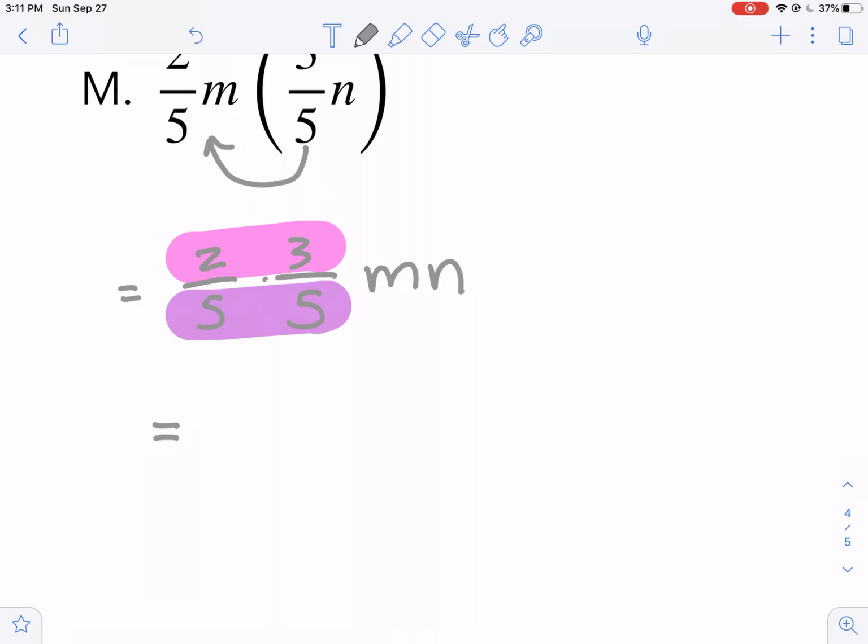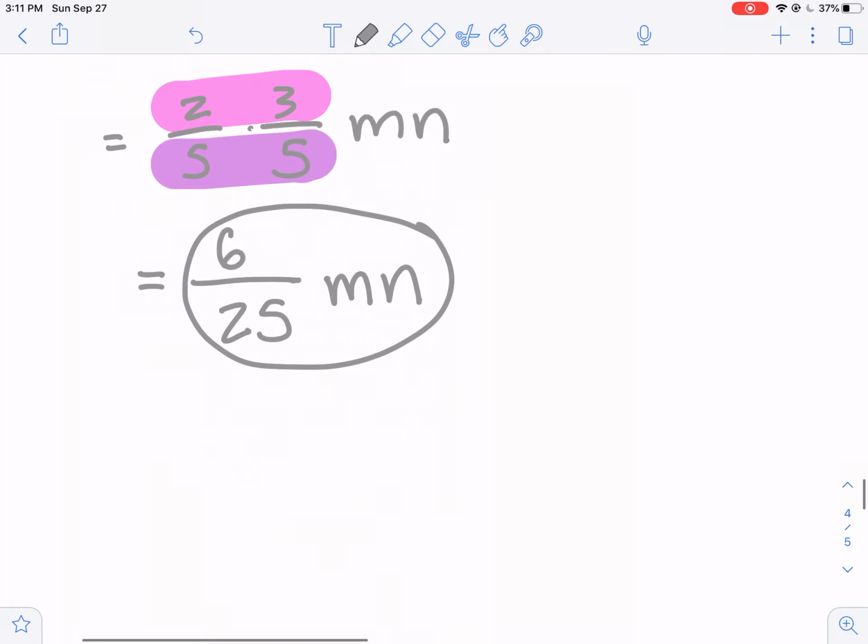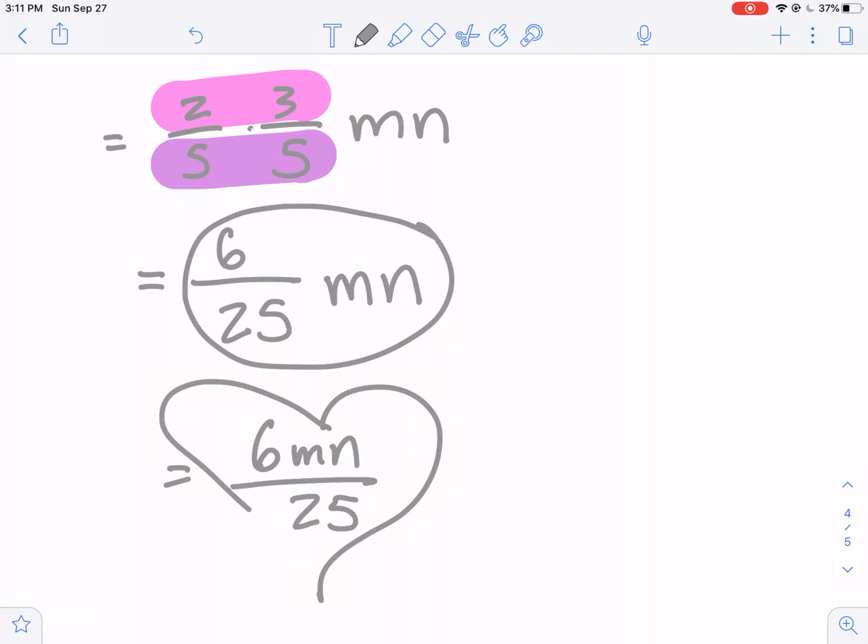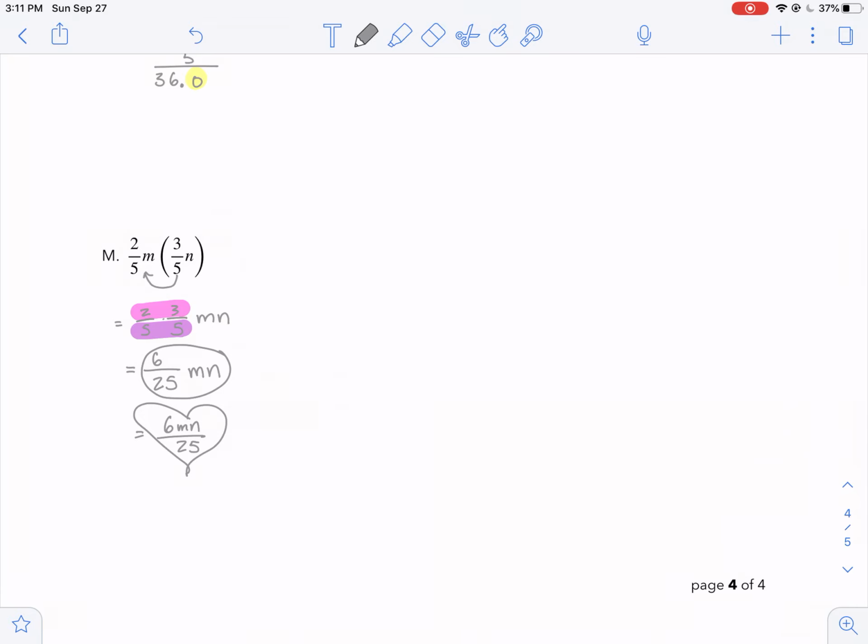So that'll give us 2 times 3 is 6, and 5 times 5 is 25, m times n. You can leave it like this, that's fine. If you would rather say, oh, that's 6mn all over 25, that's also fine. I like it that way. I think that looks better, but it's up to you which one you pick.